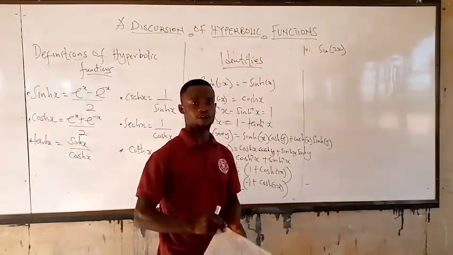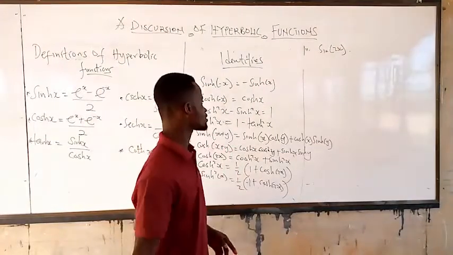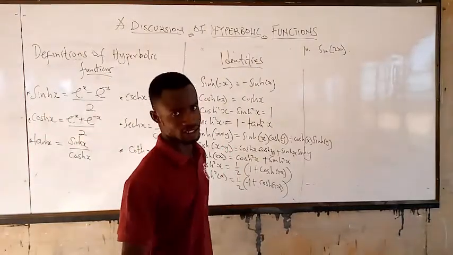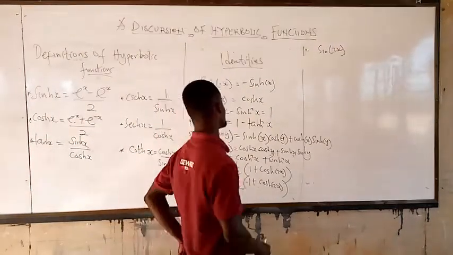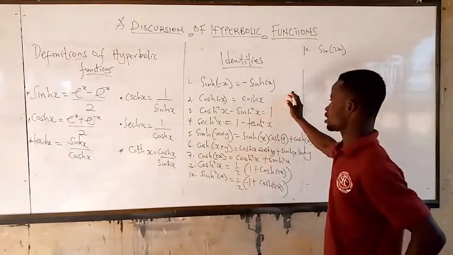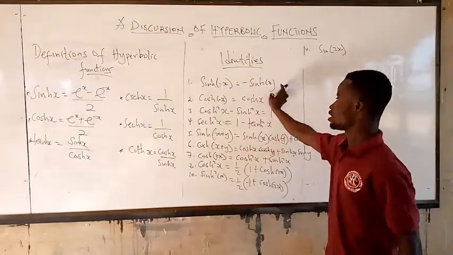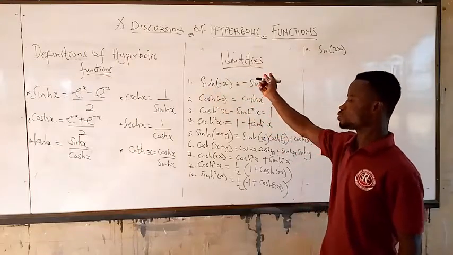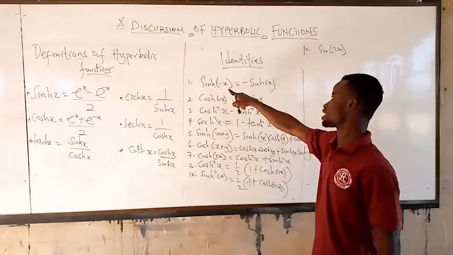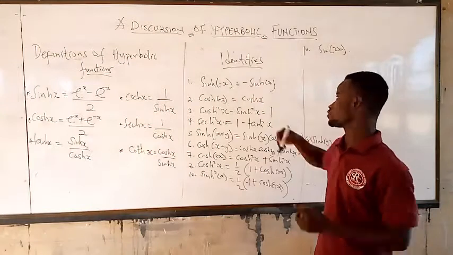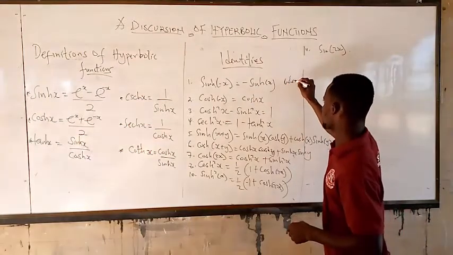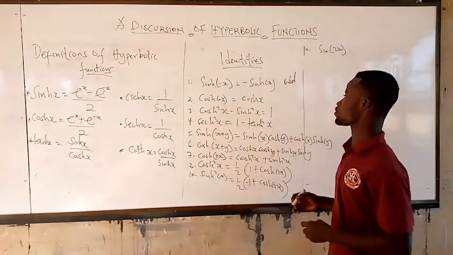Before we solve the questions, let's look at these identities, which are very useful as far as this course is concerned. When you plug in a negative value into sinh, you get the negative of it, and this is what we call an odd function.